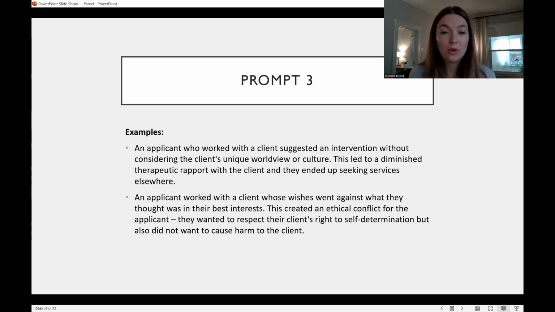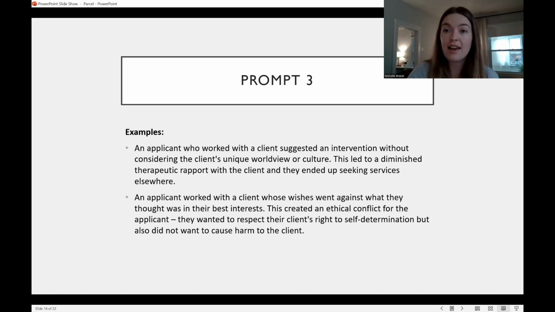An applicant who worked with a client suggested an intervention without considering the client's unique worldview or culture. This led to diminished therapeutic rapport with the client, and they ended up seeking services elsewhere. Another example: an applicant worked with a client whose wishes went against what they thought was in their best interests.